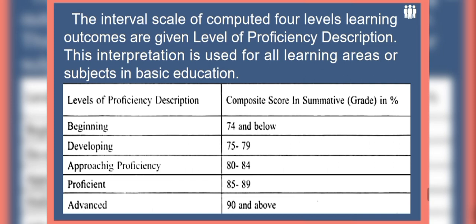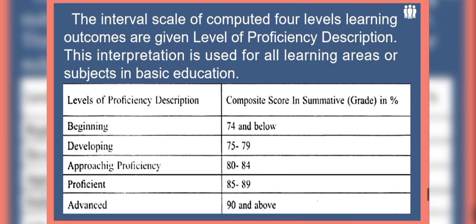So in the interval scale of computation, the four levels of learning outcomes are given a label of proficiency description. This interpretation is used for all learning areas or subjects in basic education. The levels of proficiency description, as you saw on this slide, are beginning, developing, approaching proficiency, proficient, and advanced.